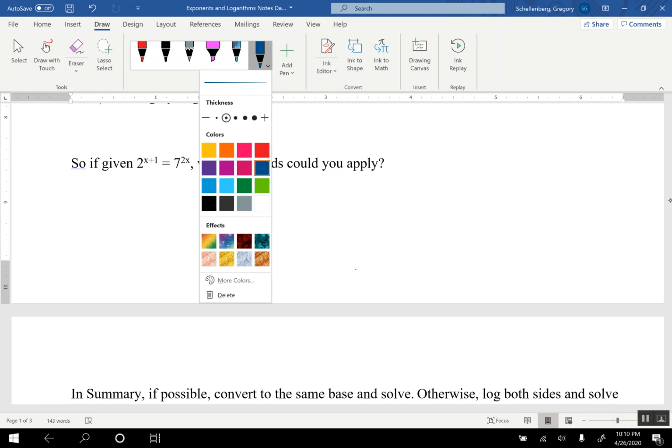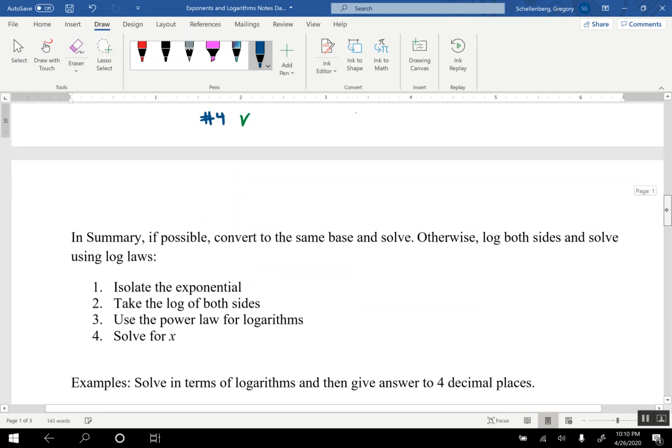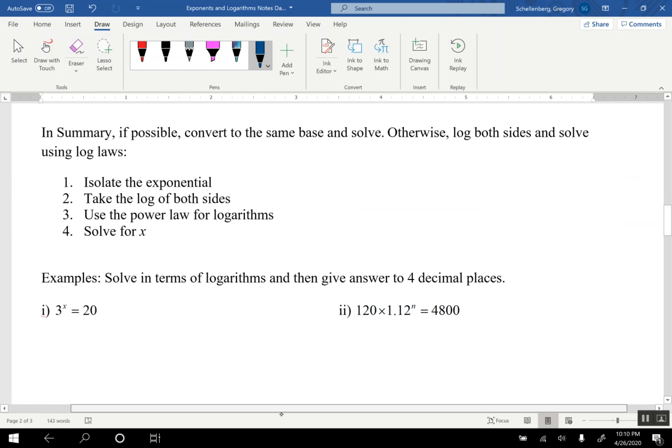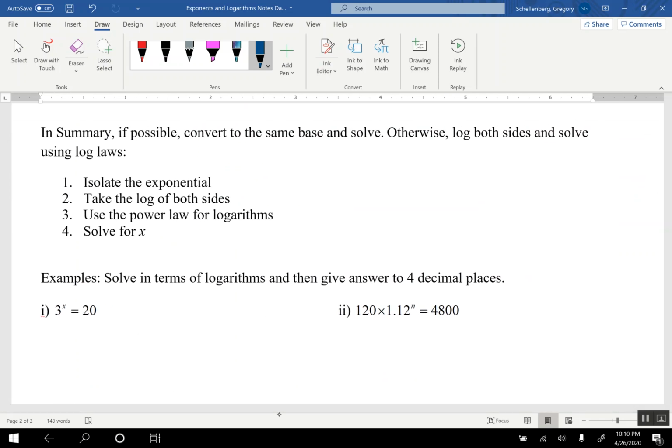Okay, moving along here. So in summary, if possible, convert both sides of the equation to the same base and solve. Otherwise, log both sides of the equation and solve using our log laws.